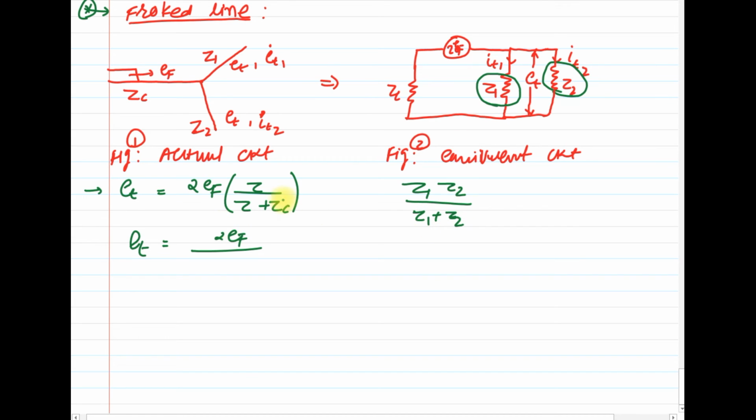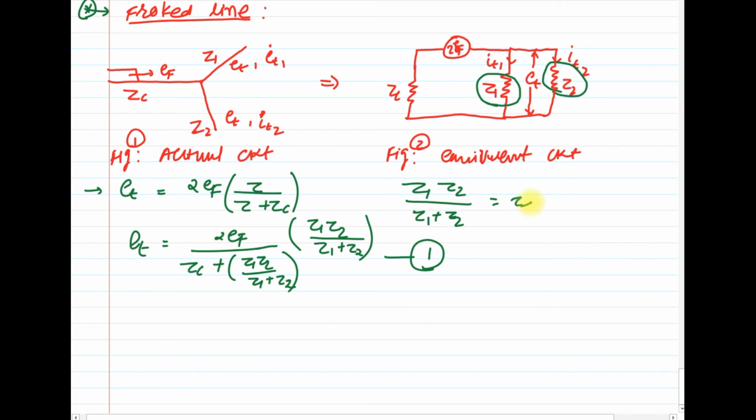So over here, instead of Z, just write ZC plus Z1 Z2 divided by Z1 plus Z2. Clear? And same way, for the other Z in our equation number 1, we write Z1 Z2 divided by Z1 plus Z2. I hope you have clear.